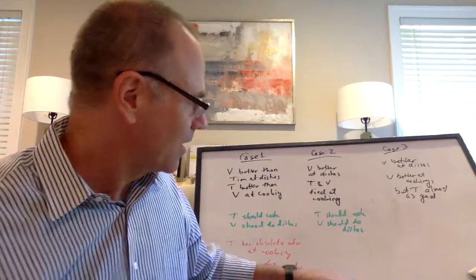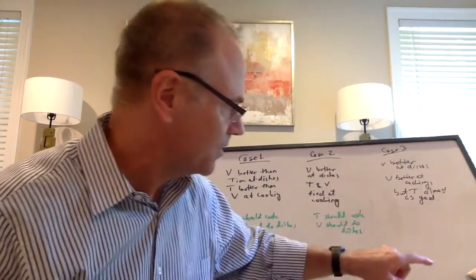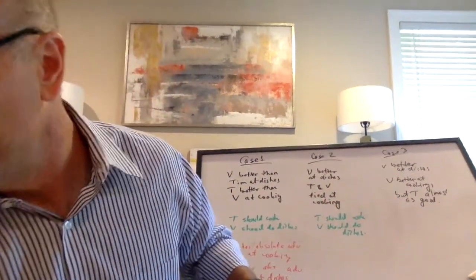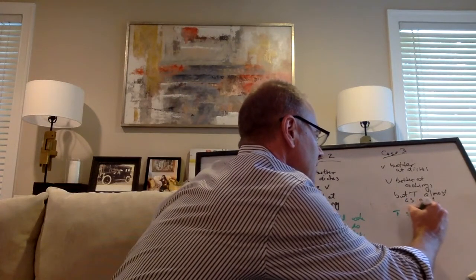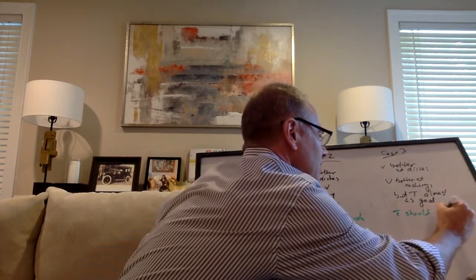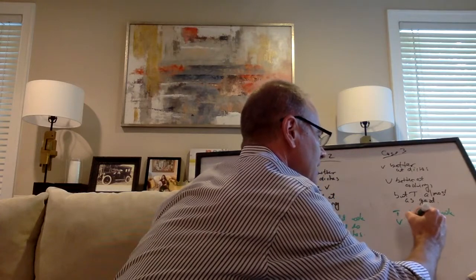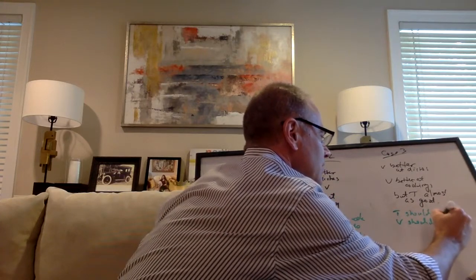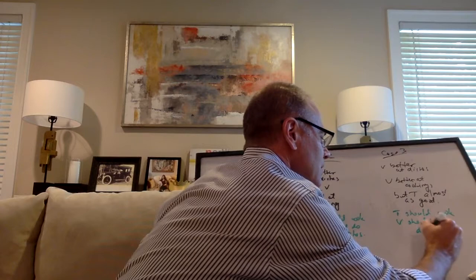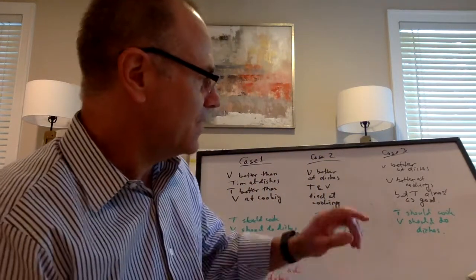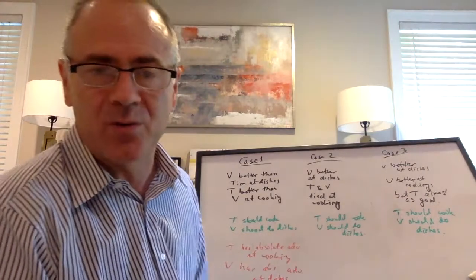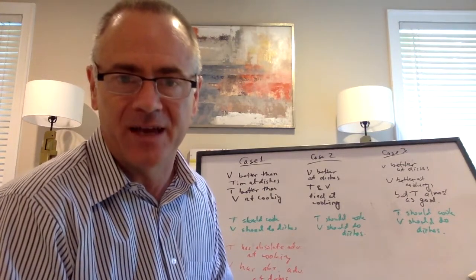So the same thing. We're going to say, even in this case also, let me write that down here. Tim should cook. Victoria should do dishes. Okay, and the same thing's going to be true when we define comparative advantage.